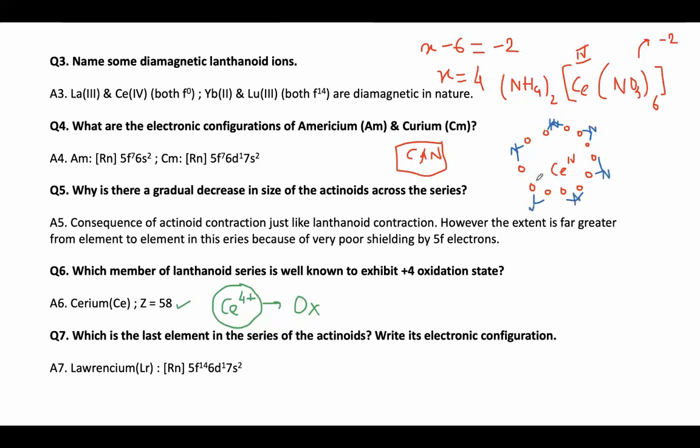The oxygens are bonded to the cerium center. From 6 nitrate groups, we get a total of 12 oxygen atoms, so the coordination number of the cerium center is 12 in ceric ammonium nitrate. All of this is chelate binding in a bidentate fashion.